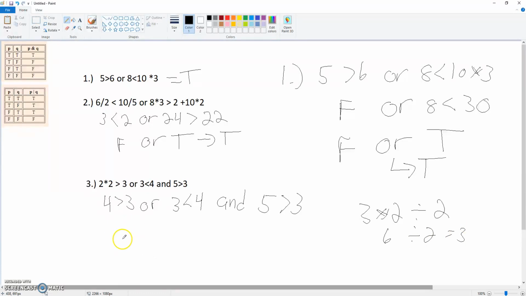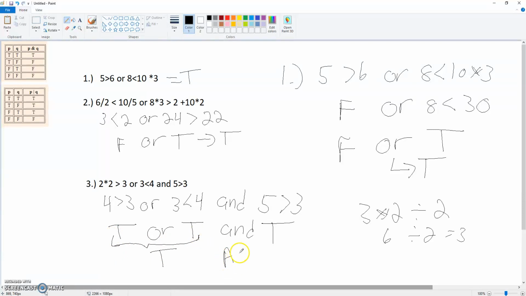So let's go ahead and do this. 4 greater than 3 would be true. Or 3 less than 4, it's true. And 5 greater than 3, it's true. True or true is true. So this thing yields true.